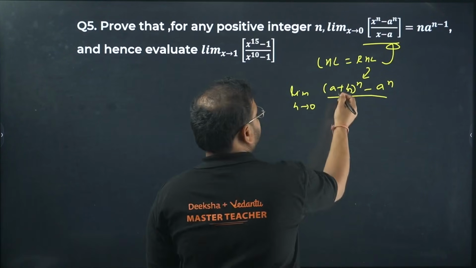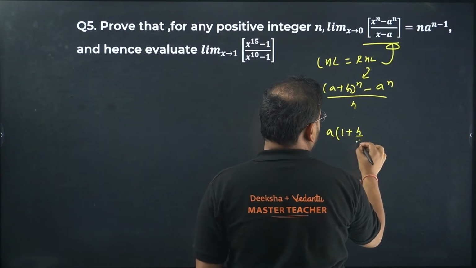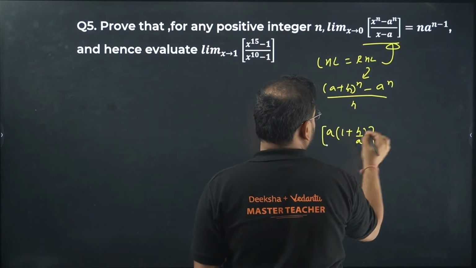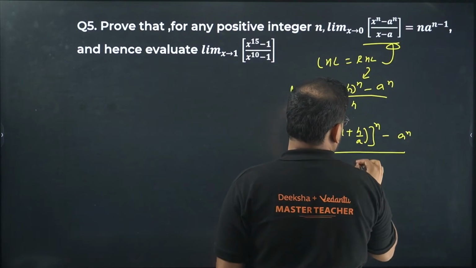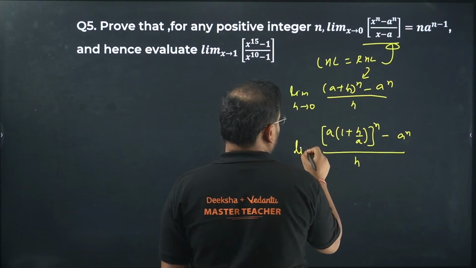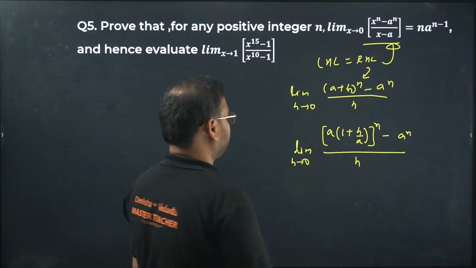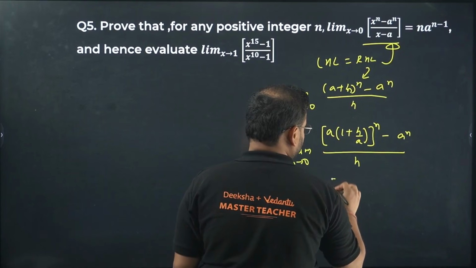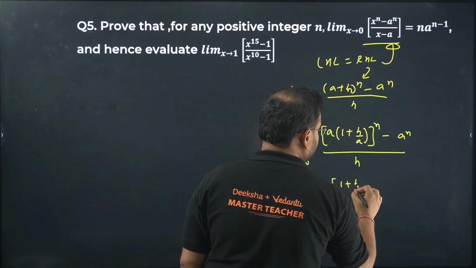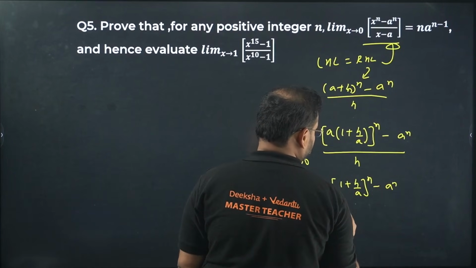Take a common. We get (1 plus h by a) to the whole power n minus a power n divided by h, again limit h tends to 0. Take a power n separately. Check here, I'm getting 1 plus h by a power n minus a power n.